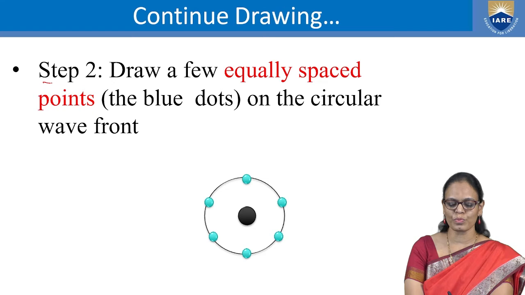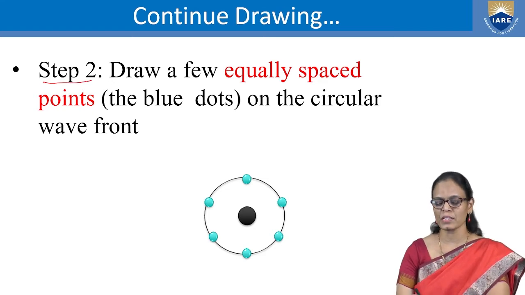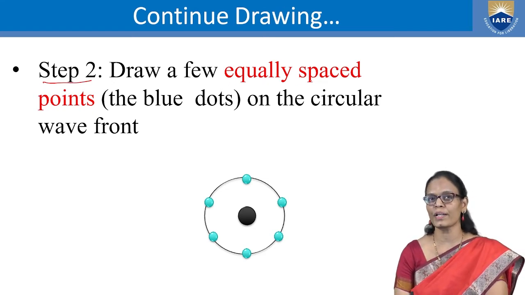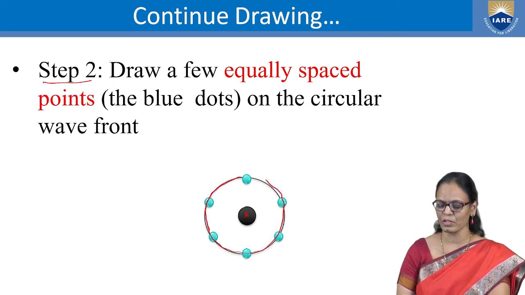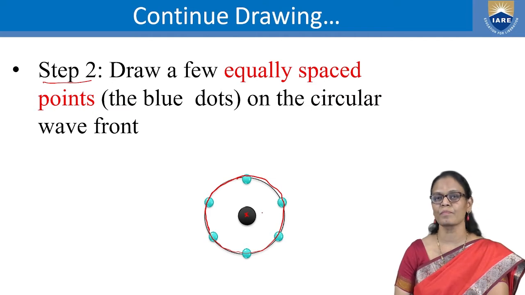Now in step 2, what we are going to do is draw a few equally spaced points. Here they are represented by the blue dots on the circular wavefront. This is the point of disturbance, and this is the spherical wavefront we have drawn with this as the center.